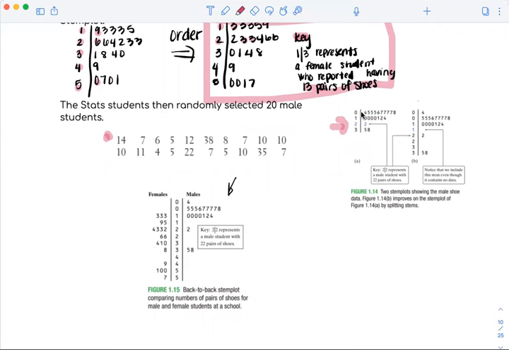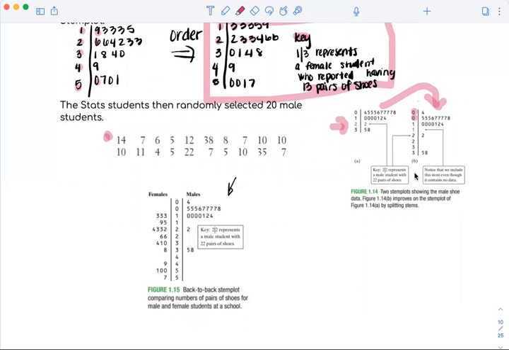And what they did was they actually spread out the data values a little bit more by creating 2 stems per digit. So what they'll do if they're doing that is they'll put half of the digit. Any leaves that are 0 through 4 on the first stem, and then any data values that are 5 through 9 on the second.